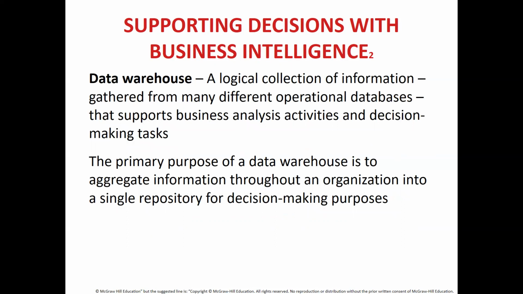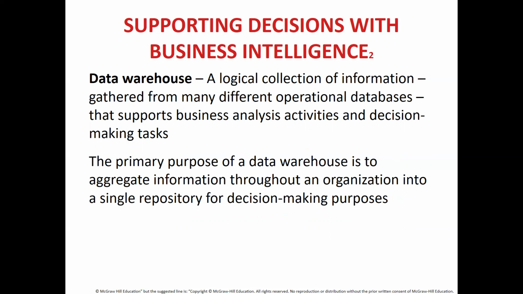A data warehouse is a collection of information gathered from many different operational databases that supports business analysis activities and decision-making tasks. The primary purpose of a data warehouse is to aggregate information throughout an organization into a single repository for decision-making purposes.